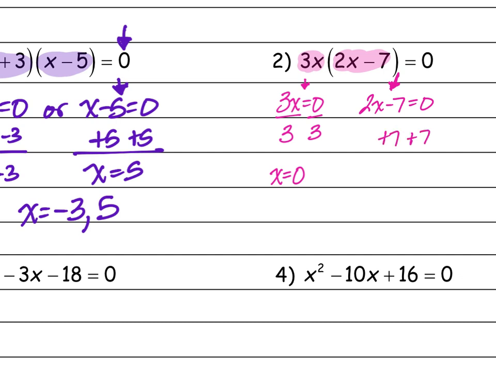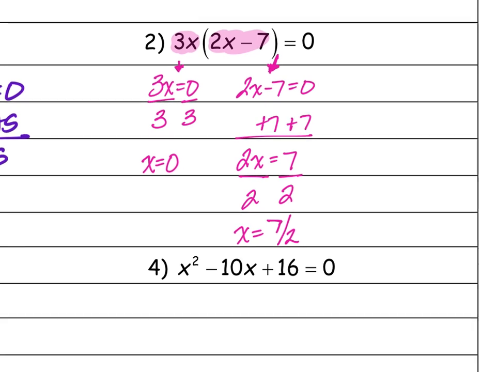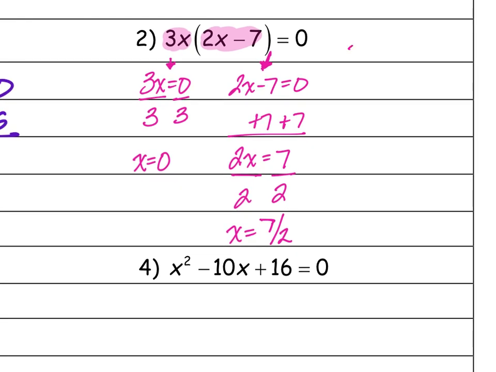So I get 2x equals 7. And then divide by 2. And x is going to be 7 divided by 2. So I have 2 answers: x equals 0 and 7/2.